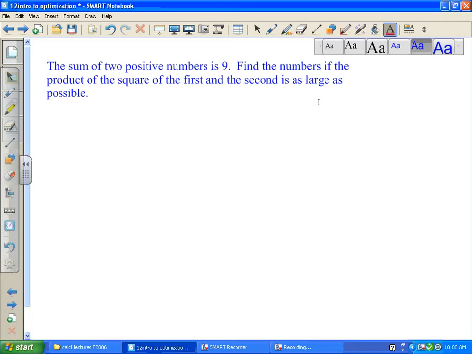Once again, we're dealing with two numbers, right? So let's call them x and y. Let the numbers be x and y. What do I know right away? They add up to 9. So that's my first equation: x plus y is equal to 9.